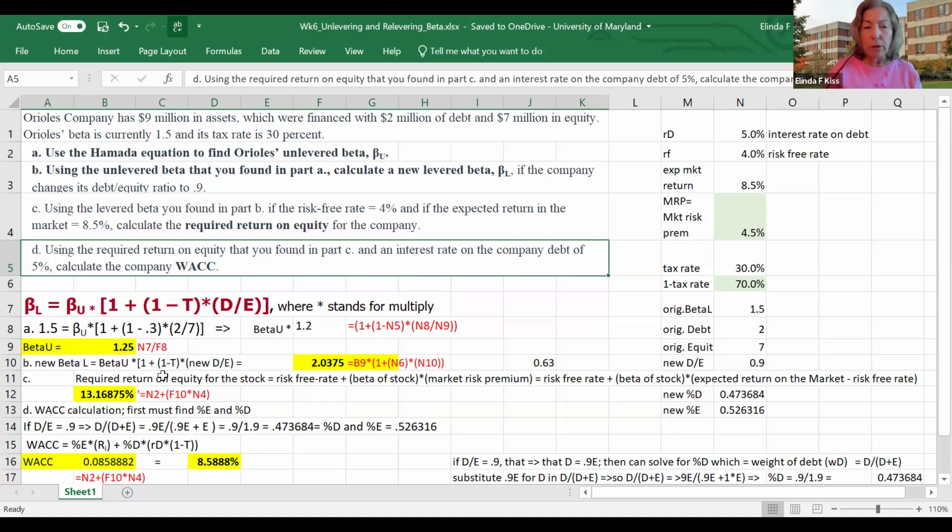Add 1, get 1.63, and then you multiply 1.63 by the asset unlevered beta of 1.25, and that gives you a new levered or equity beta of 2.0375 in cell F10. That is the answer to part B of the problem.